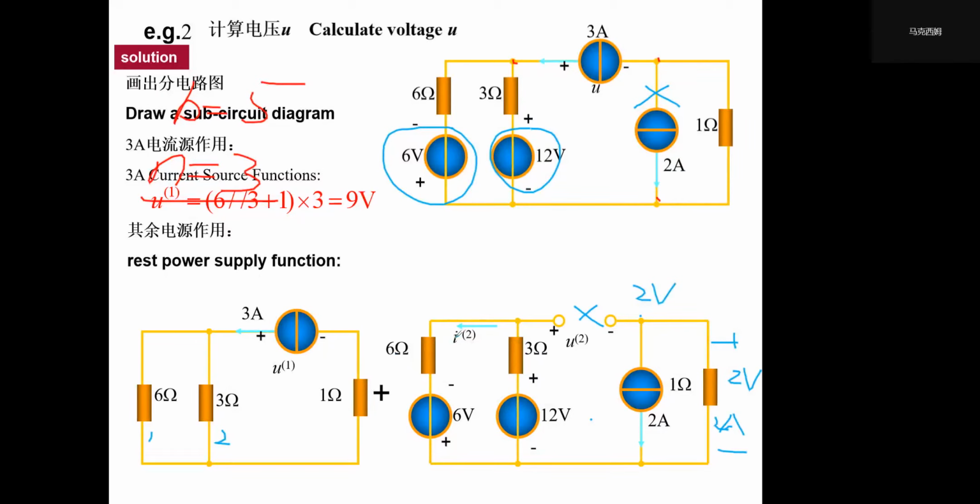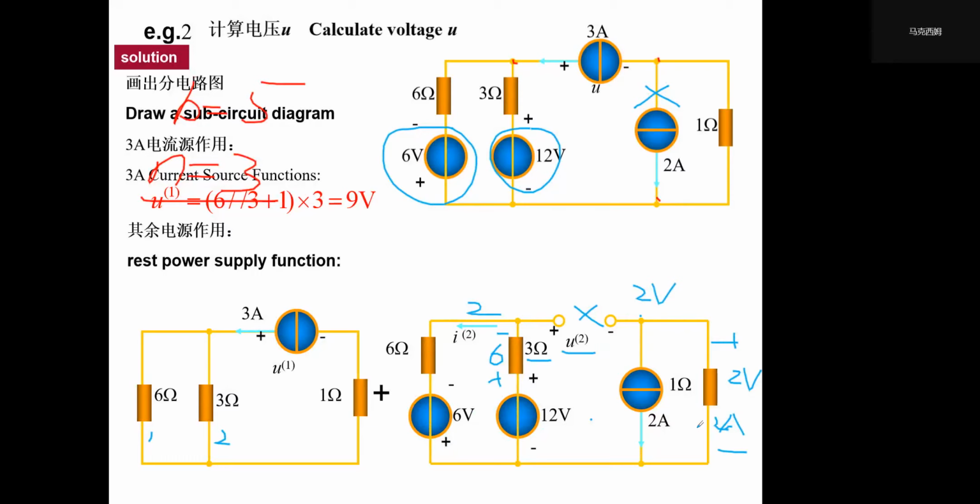So the total resistance in this loop is 9, and the total voltage on it is 18, and 18 over 9 is 2. So we know the current on it is 2. So we know that the voltage on this 3 ohm is 2. So we can calculate U2.